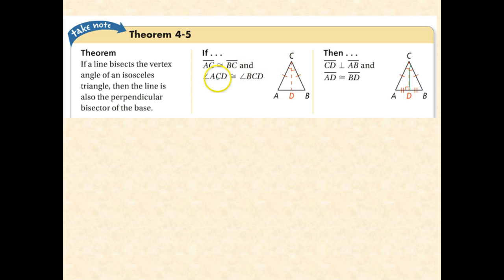If those are true, if it's an isosceles triangle and the vertex angle is being bisected, then you know that the base is also being bisected with a perpendicular bisector.